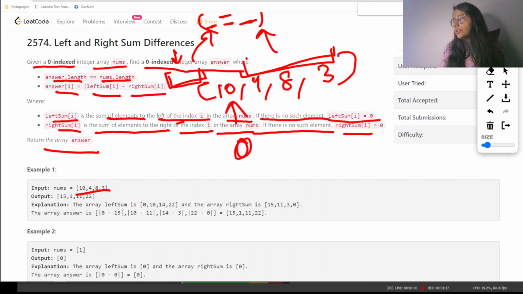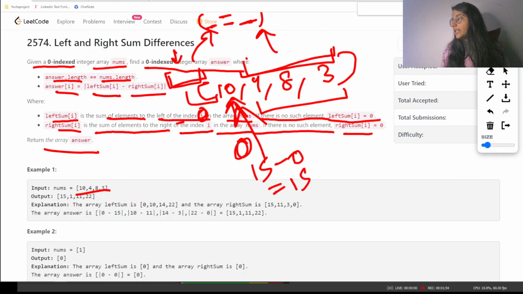That is what we are required to do at each index. So at this 10, there is no element to the left, so the sum would be 0. And towards the right, there are 4 plus 8, that is 12, then 3, that would be 15. So at this index our answer would be 15 minus 0, that is 15.